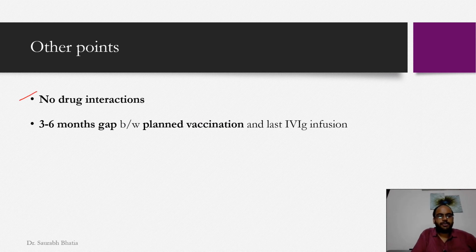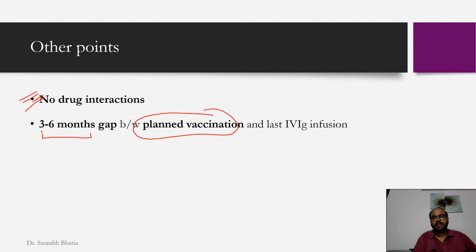Other point, there are no significant drug-to-drug interactions, so it's one of the safest modalities to be used in immune-mediated disorders. And if you're planning a vaccination, it's a good idea that a 3 to 6 month gap is present. Sorry, 3 to 6 months of gap between planned vaccination and the IVIg infusion.